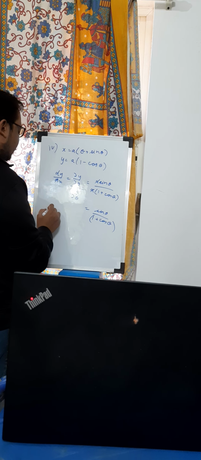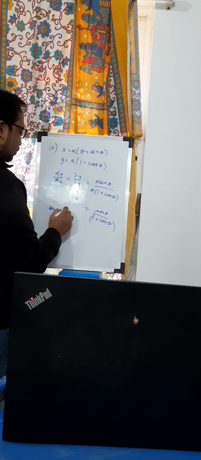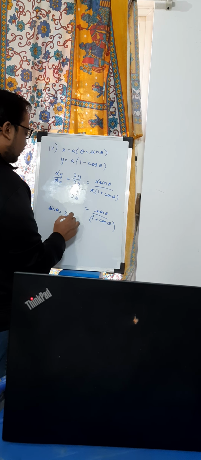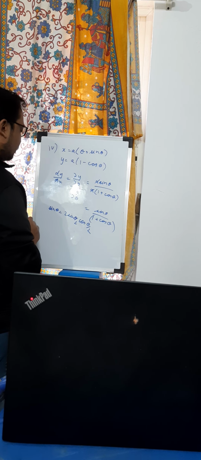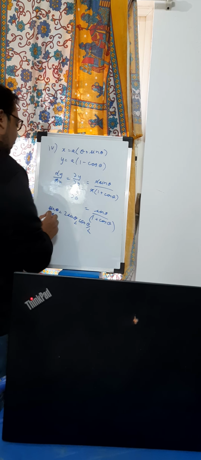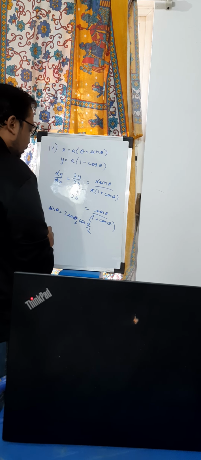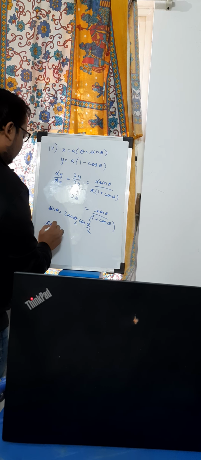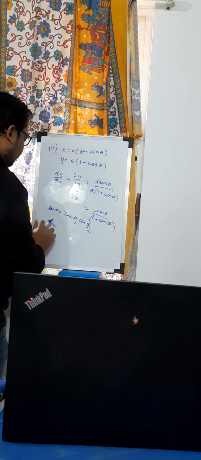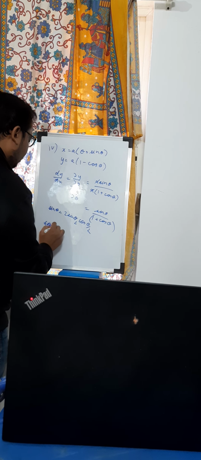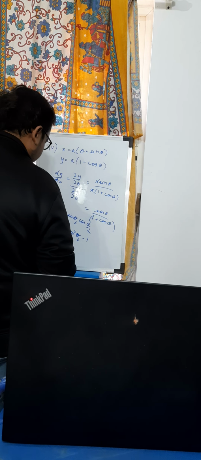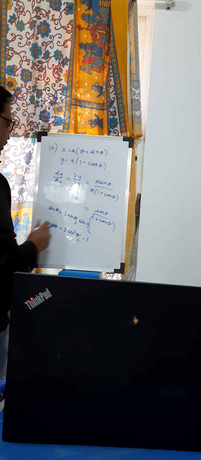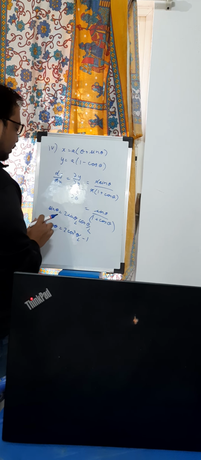They have written sin theta is equal to 2 sin theta by 2 cos theta by 2, correct? Yes, sir. And then they have written cos theta is equal to 2 cos square theta by 2 minus 1, right? And then they have put this in this formula.